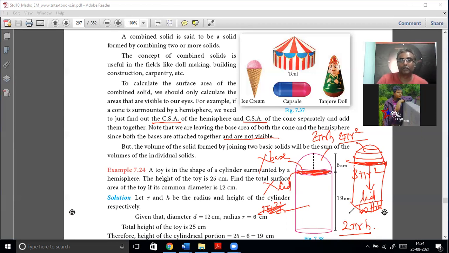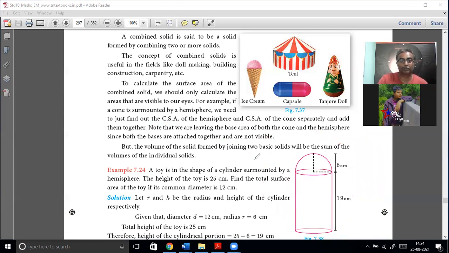Okay, now we will go to the example. A toy is in the shape of a cylinder surmounted by a hemisphere. The height of the toy is 25 centimeter, total height. Okay. Total height means from here to here is 25 centimeter.